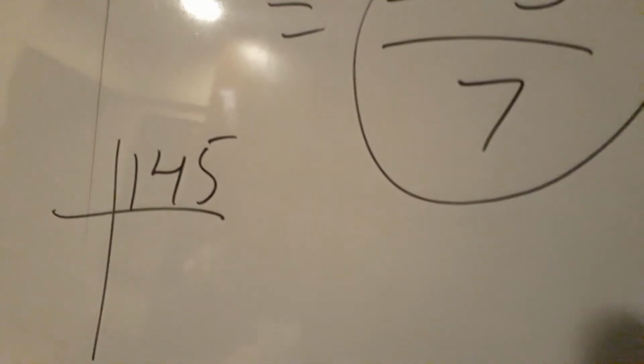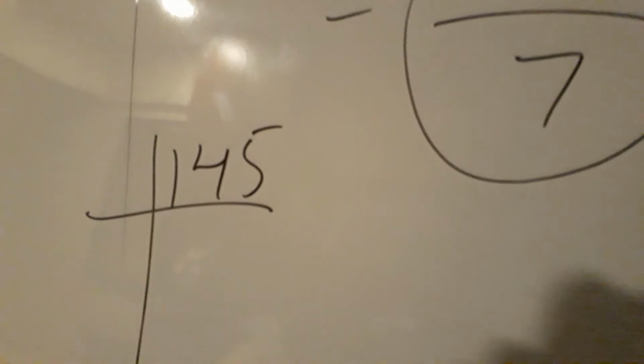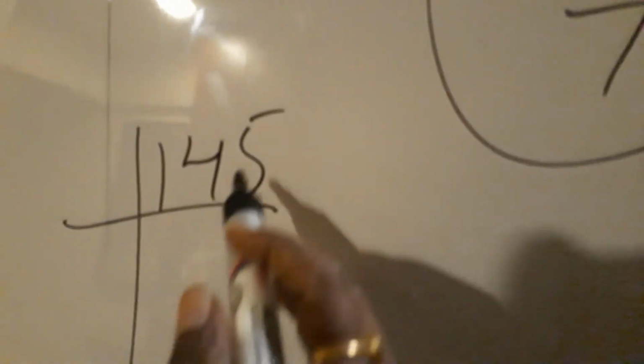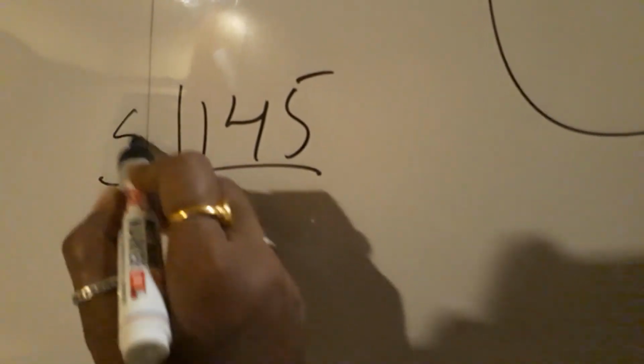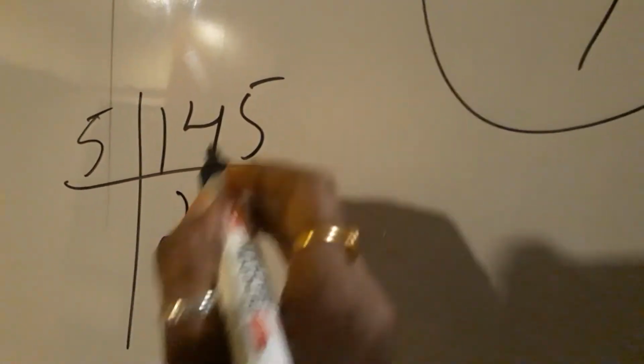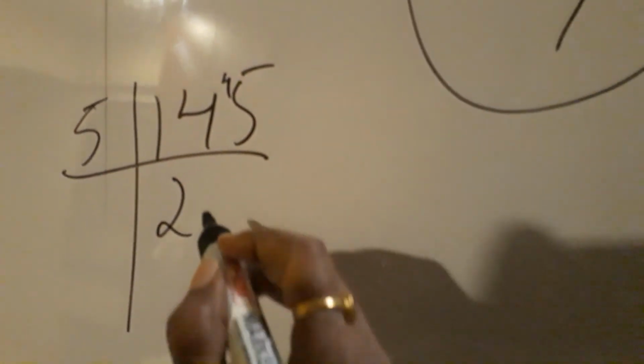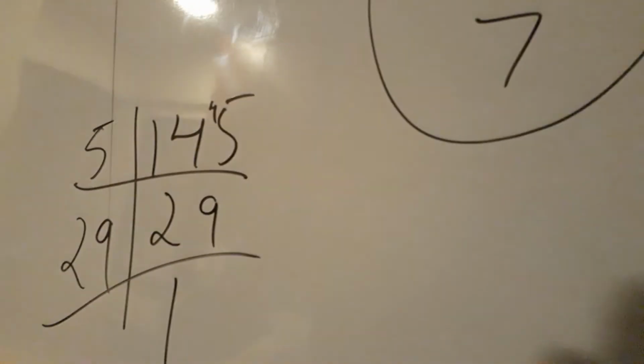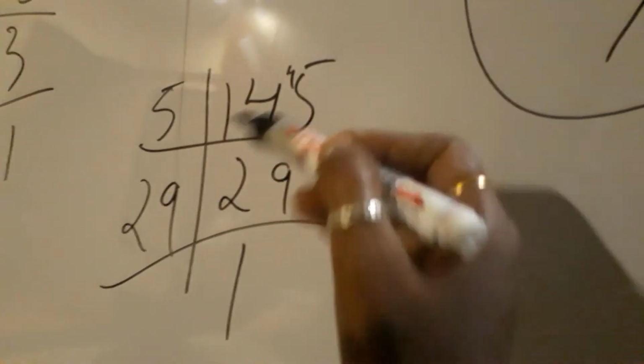Which table will go in that? 5 you can check out. 5 threes are 15. 1 carried. 5 twos are 10. 4 carried. 5 nines are 45. 29 being a prime number. 29 ones are 29. Okay, so we got 29 fives are 145.